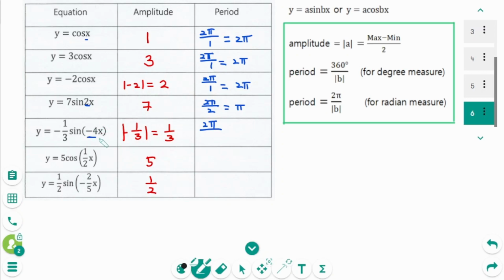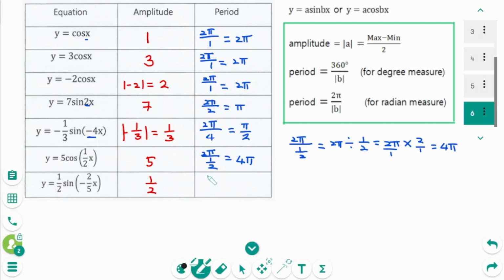2 pi over absolute value of minus 4, which is 4, equals pi over 2. Then 2 pi over 1 over 2 equals 2 pi divided by 1 over 2. That means 2 pi times the fraction upside down, which is 4 pi.